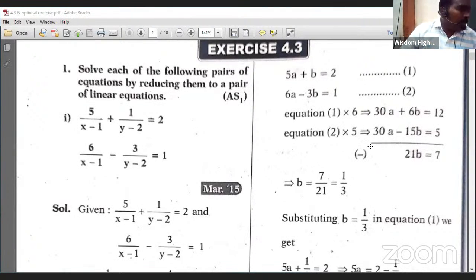Then see, students, here 6 5s are 30, 6 into b, 6b, 6 2s are 12. Next, second equation multiplied by 5: 5 6s are 30, 5 3s are 15, 5 1s are 5.